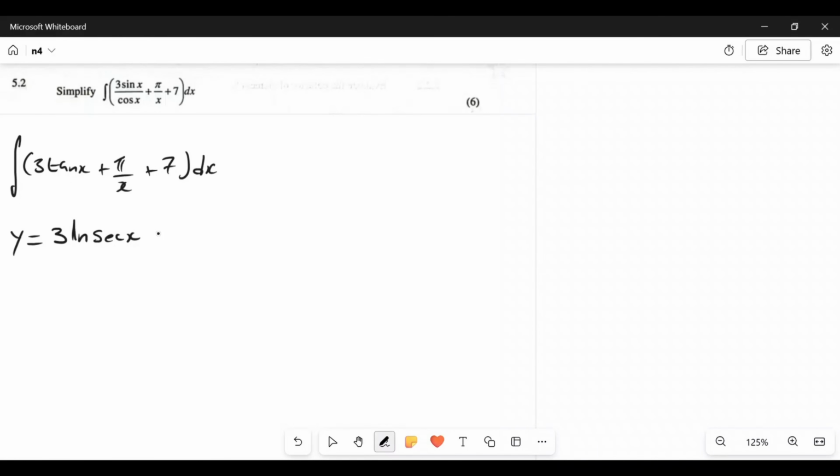So the answer here is going to be plus pi ln x. And then we go to the last one, which is 7. 7 is our constant. Remember, when you integrate a constant, you multiply by the variable that you're integrating with respect to. In this case, that is x. So this is going to be plus 7x plus c. So here, this is our final answer, guys.